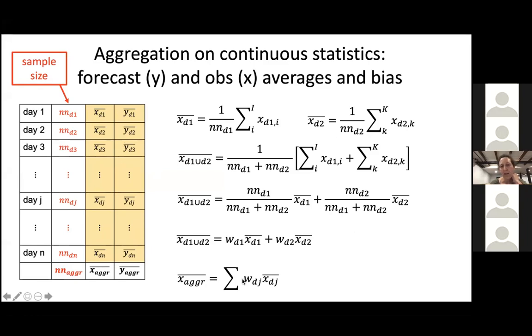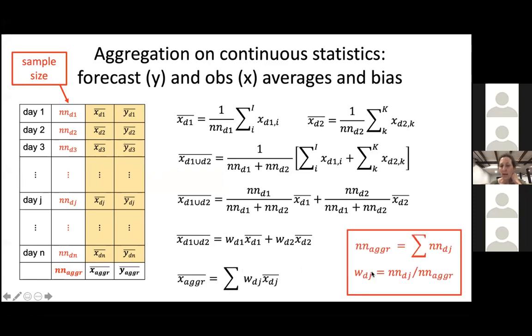The aggregated average is the weighted sum of all the daily averages, where the weights are the sample size of day j divided by the aggregated sample size, which is the sum of all the sample sizes of all the days, because when you look at the monthly aggregated values, you have all these values. Okay, so this is the aggregated average.